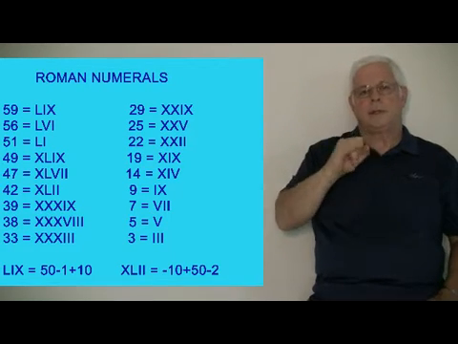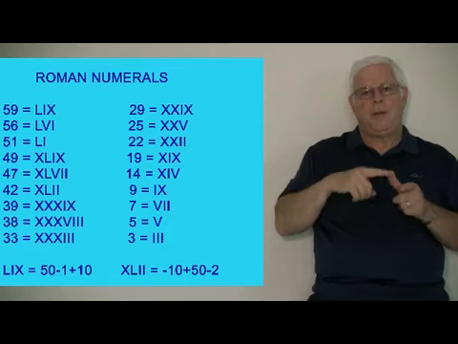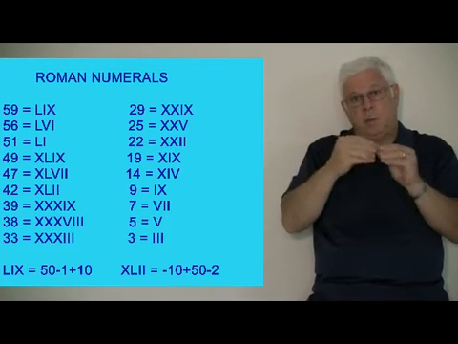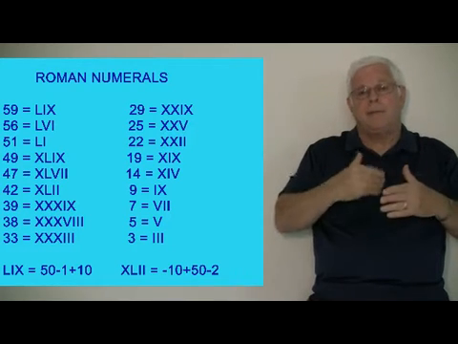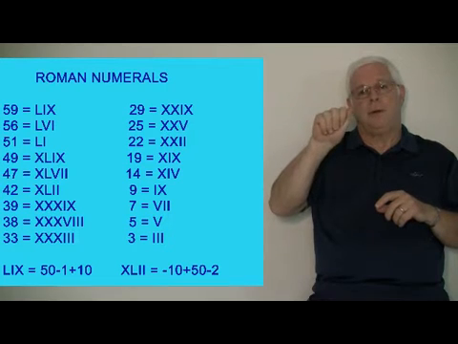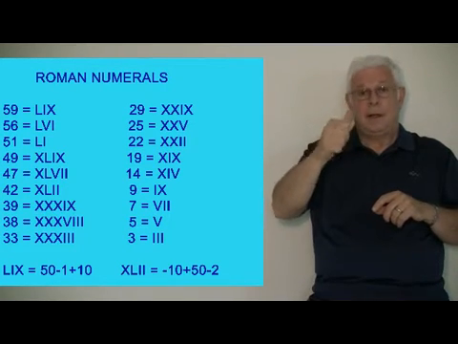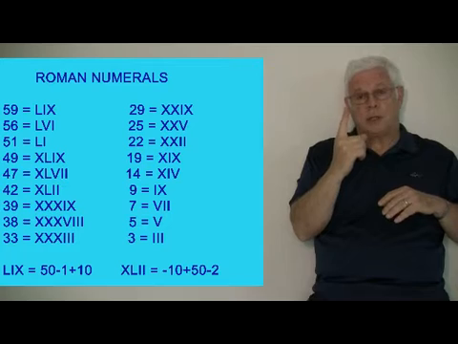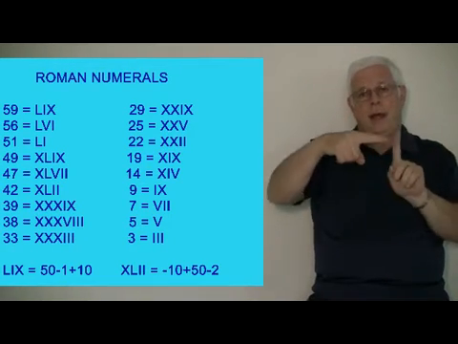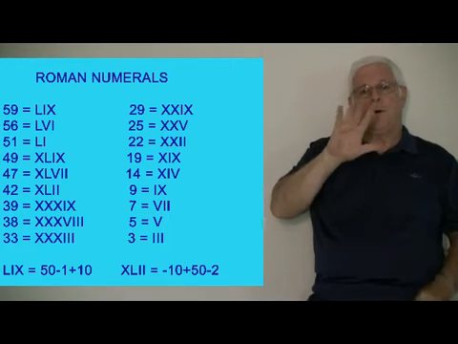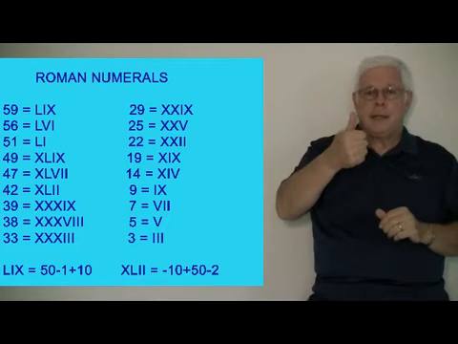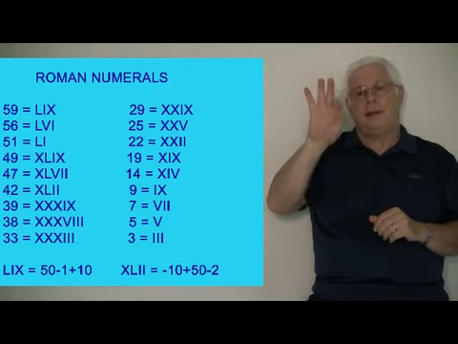L is 50. And then we have an I, and that's the number 1. But the following character is an X, whose value is 10. 10 is higher than 1, so we're going to need to subtract the 1 and then add the 10. So 50 minus 1 plus 10 is 59.